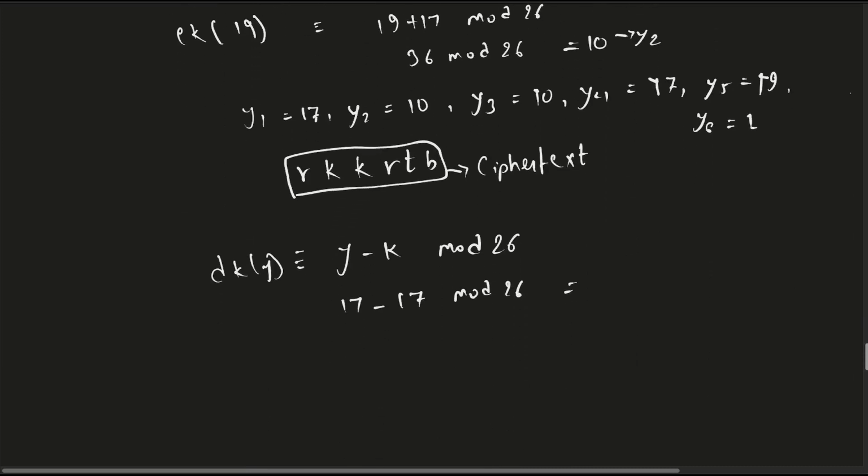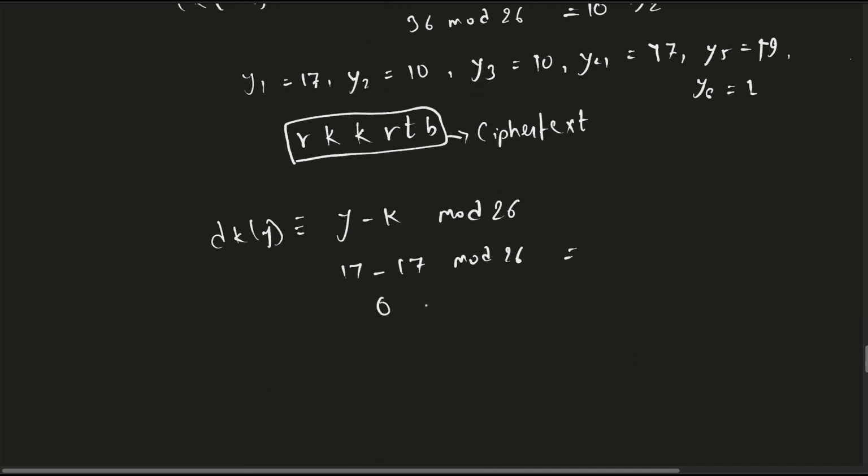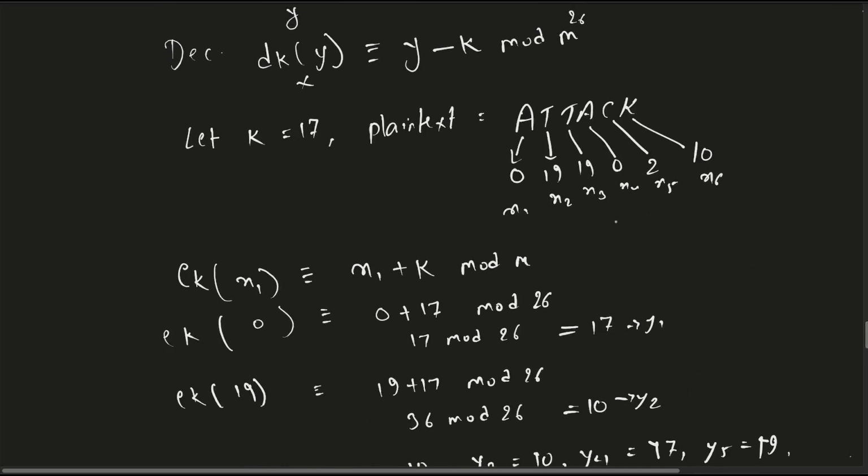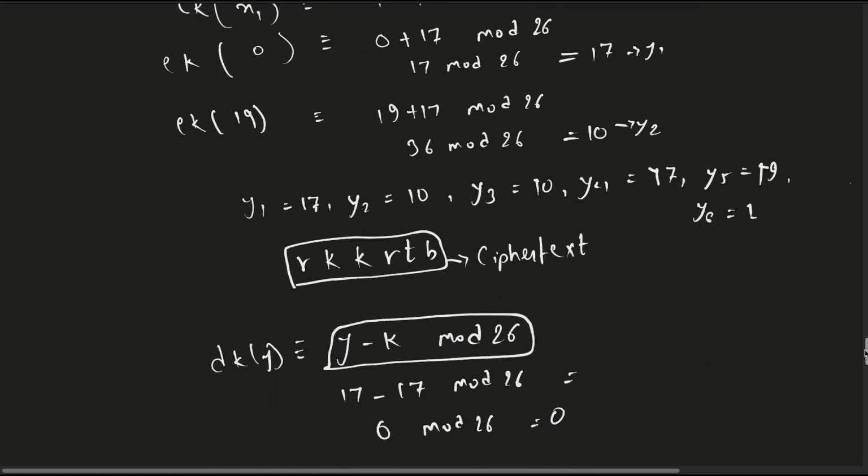Turns out x1 is 0, and 0 mod 26 is 0, and we could basically use this formula to decode it back to the original, which means this will give us the answers of this 0, 19, 19, 0, 2, and 10. So this is the idea of the Shift cipher.